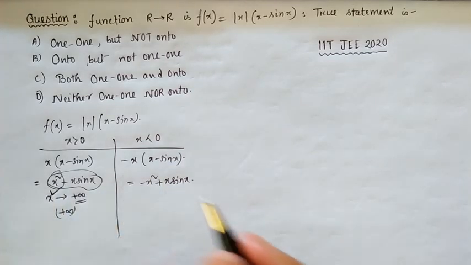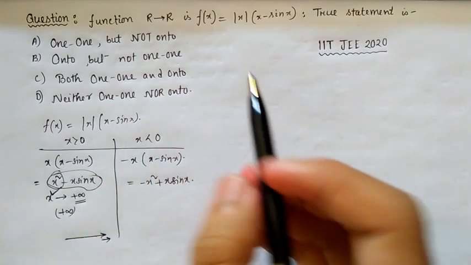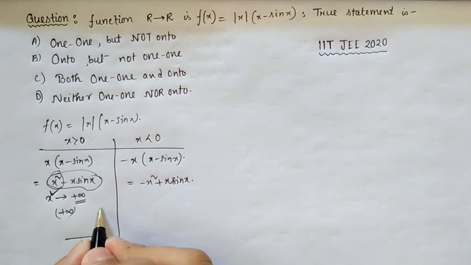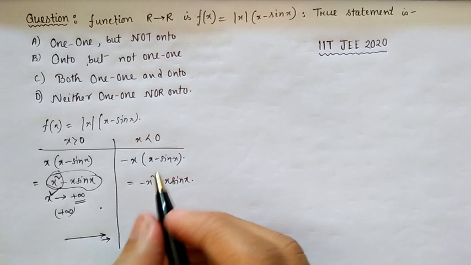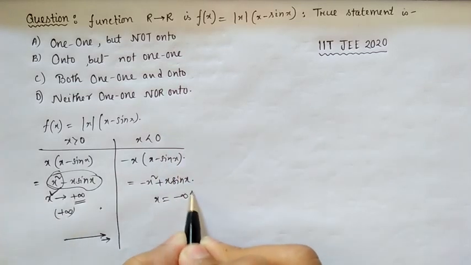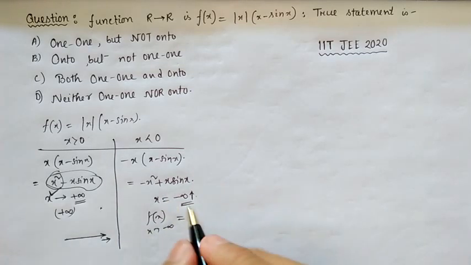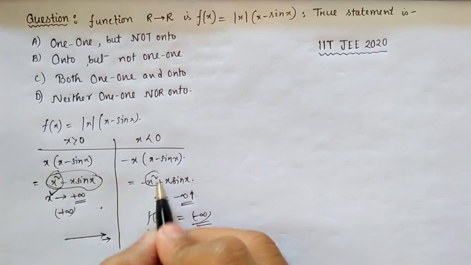So while x is tending to infinity, the function f(x) value will be infinity. And similarly, if x is tending to minus infinity, we have f(x) value as minus infinity, since the x squared term is dominating.